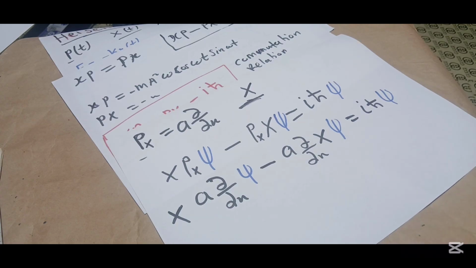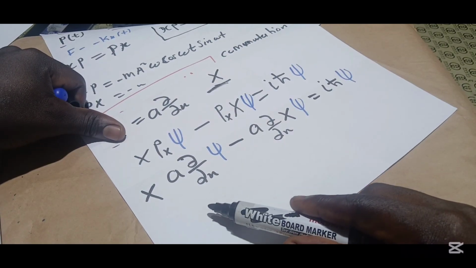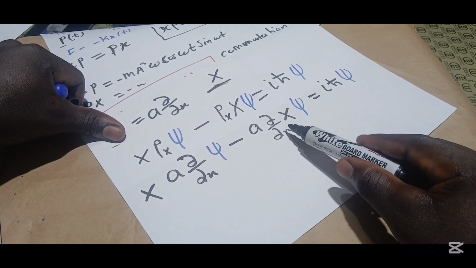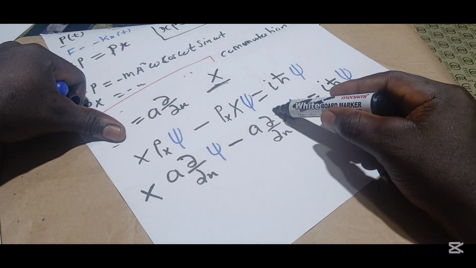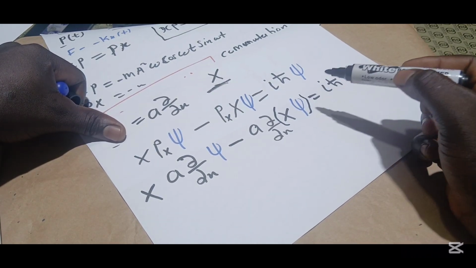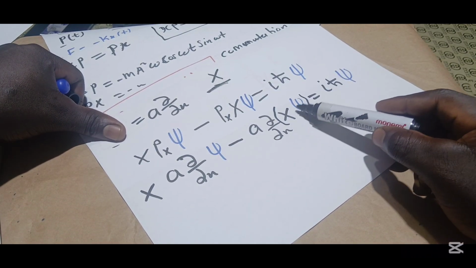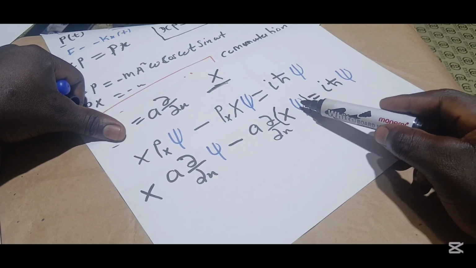I recommend you watch our previous videos or try to get some understanding about eigenfunctions, operators, and observables, and a lot of stuff which might help you understand things here more easily. So now what do we do? We have two terms here. This term right here is in brackets, which means we are finding the derivative of x multiplied by the wave function.